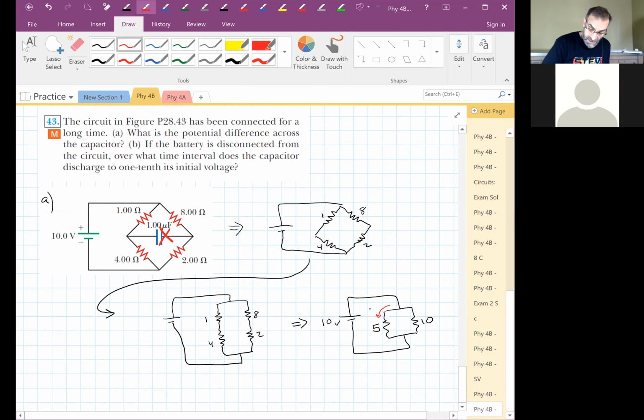So that has to be 2 amps. That has to be 1 amp, which means what do you have coming here? 3.